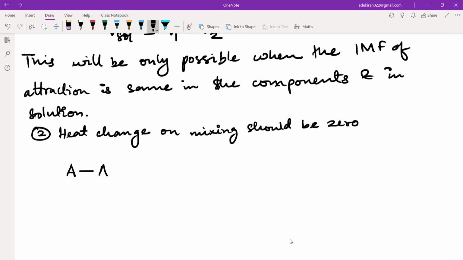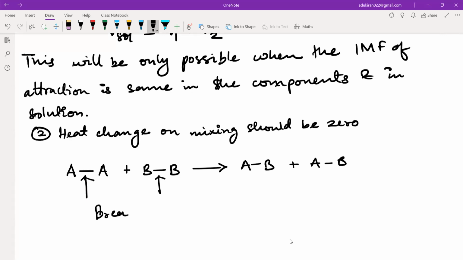You had AA plus you had BB type of attraction, and it is giving you AB and AB type of attraction. Okay, that means you are breaking these two bonds and you are forming these two bonds.